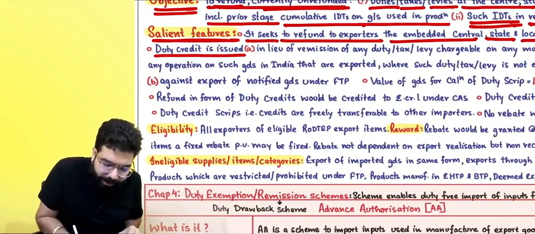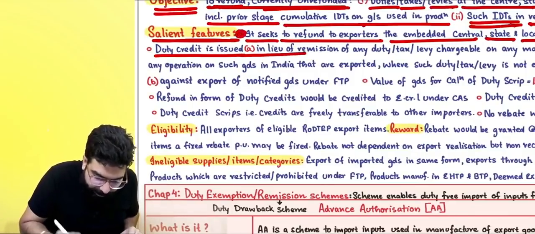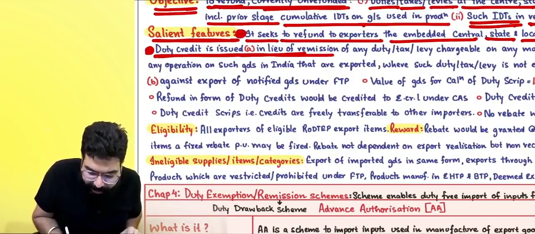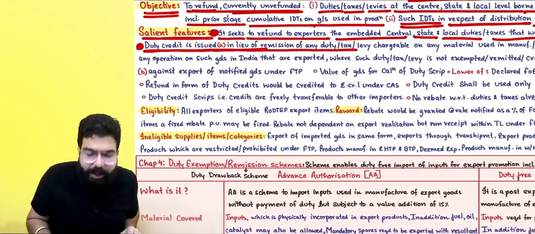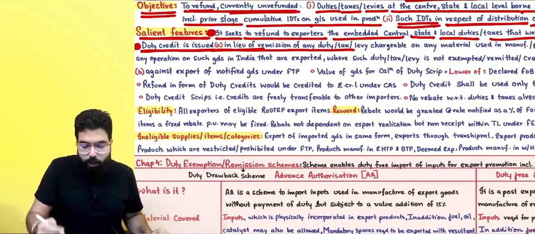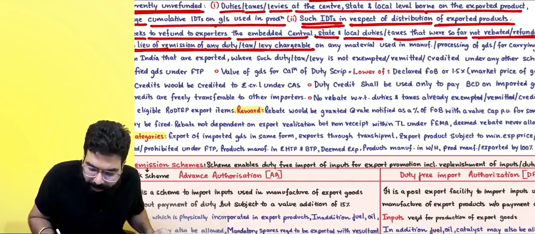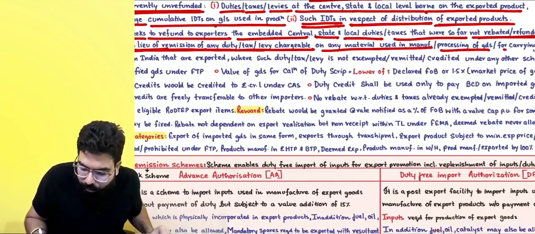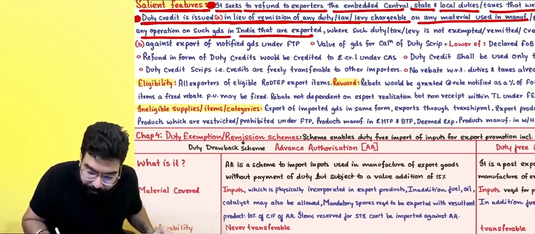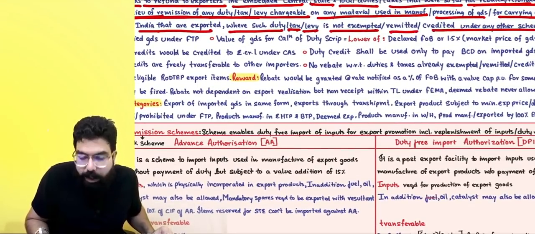Okay. Duty credit scrip is issued in lieu of remission of any taxes. See everyone, number one point is this, number two point is this, where they are saying duty credit scrip is issued in lieu of remission of any taxes. Means they are saying we will not give you a discount in the taxes, but in lieu of remission of any duties, taxes, charges levied on material used in production or processing of goods or for carrying out an operation on such goods in India that are exported, where such duty, taxes, levy is not exempted, not remitted or credited under any other scheme.